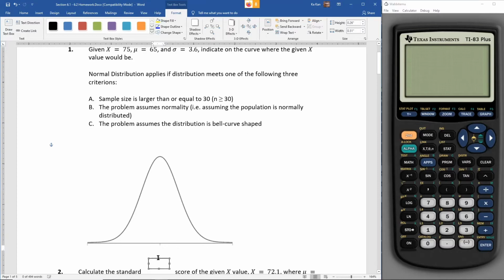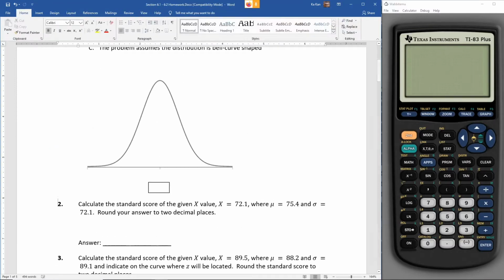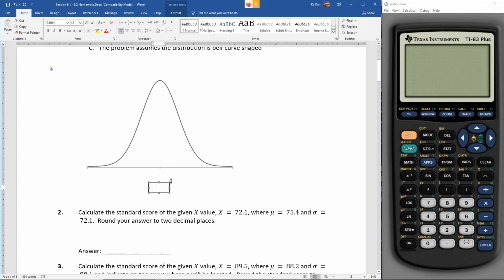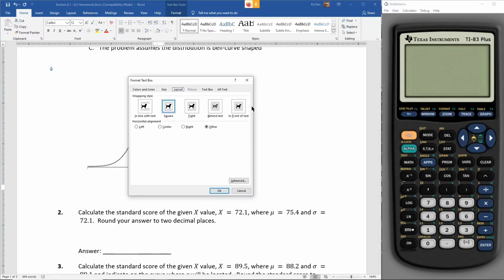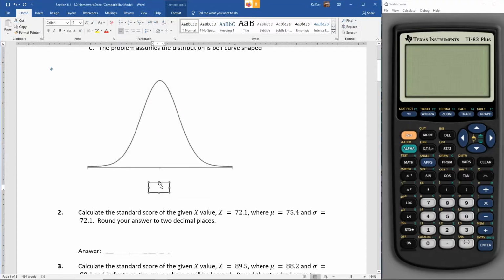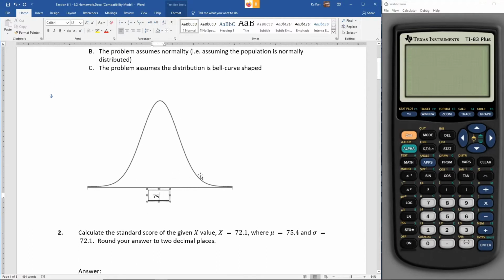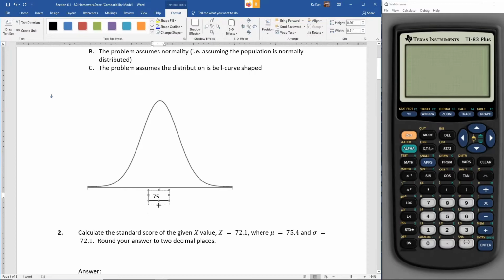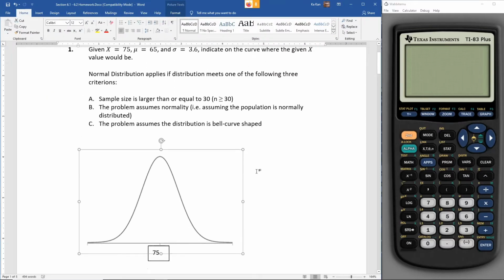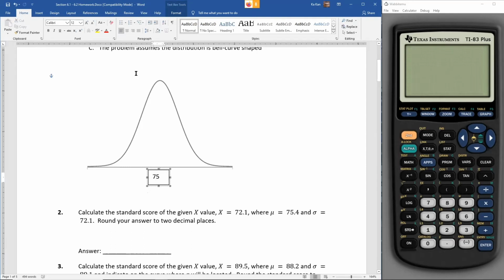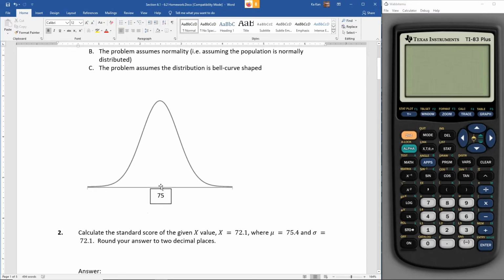Let me make some space and make this in front of the text. Okay, there you go. So make it into 75. Like this. So right in the middle is 75. Let me get the center. There you go. So right in the middle is where that 75 points at.